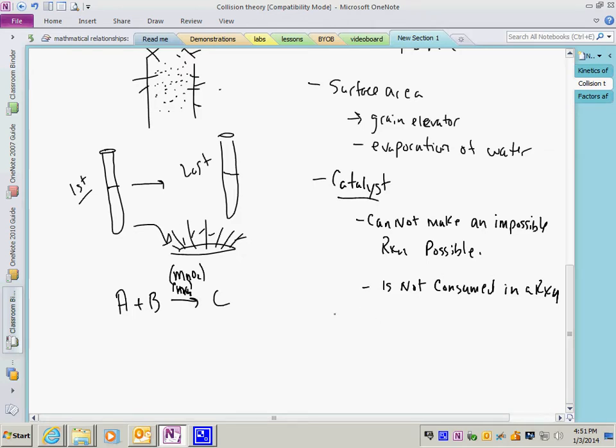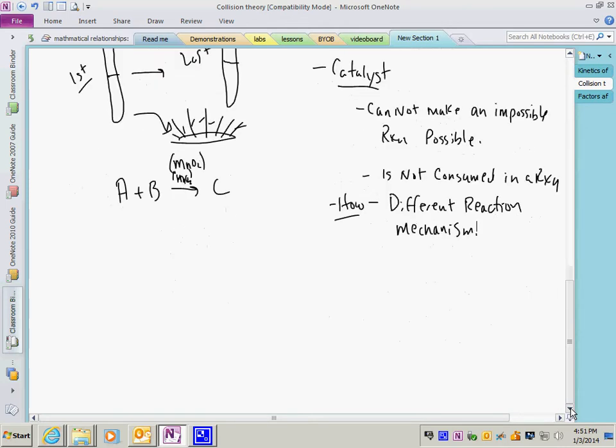Now, the question is, how does a catalyst work? Well, a common biological catalyst would be called an enzyme, but a standard catalyst sets up a different reaction mechanism, which means it literally takes a different pathway to get it to chemically react.